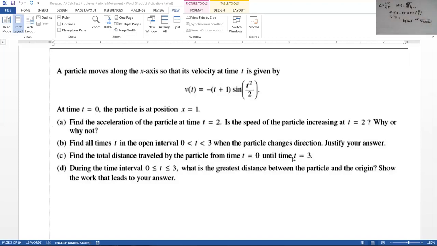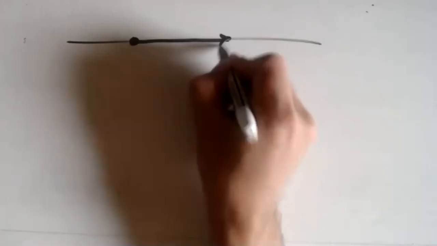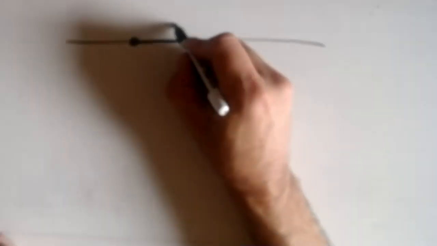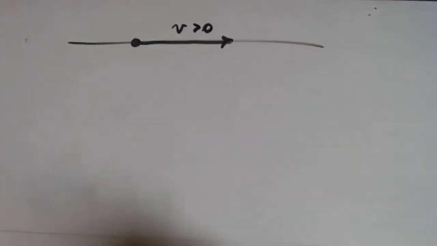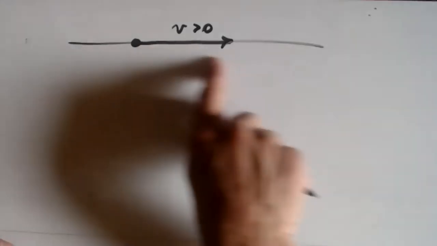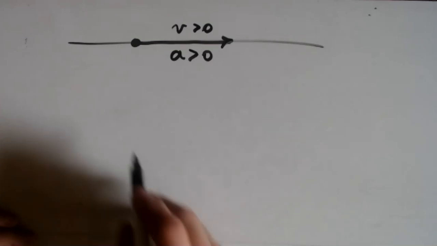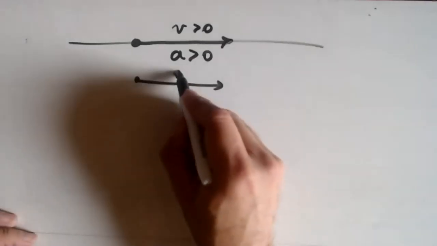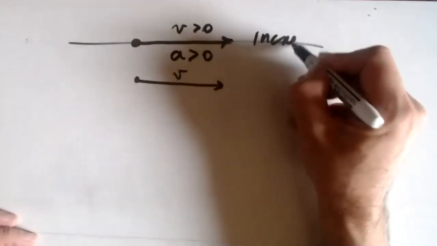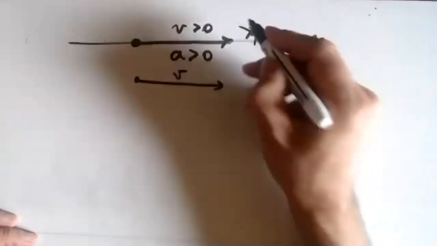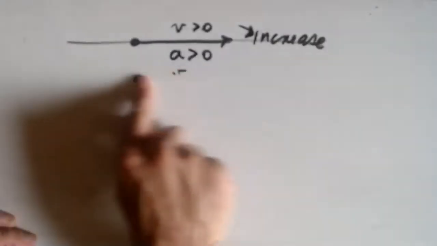Let's see. How do you know in physics if something is moving to the right, for instance, right? This is moving in this direction, so the velocity is positive. How do you know this? The velocity increases when the acceleration is positive.